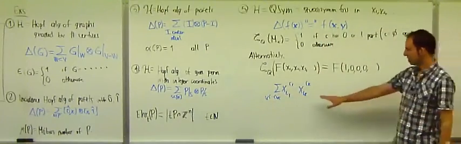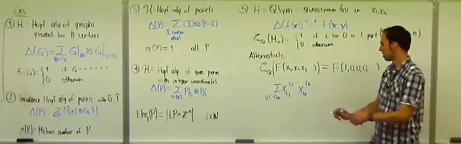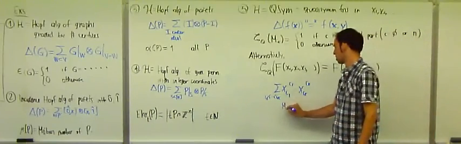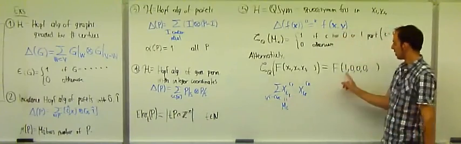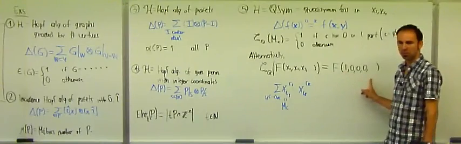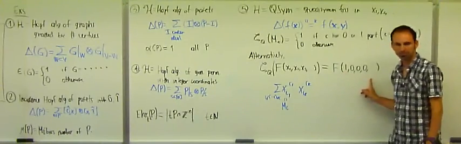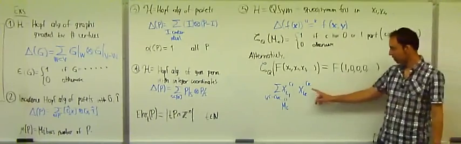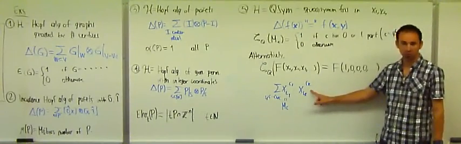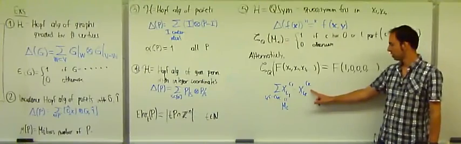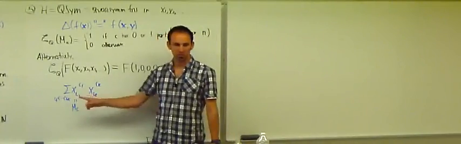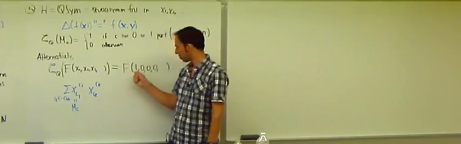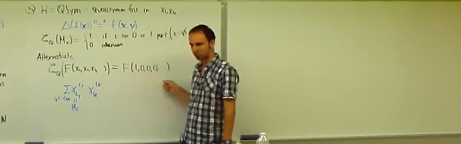So this is the monomial quasi-symmetric function M_C. Now what happens if I plug in 1, 0, 0, 0, 0? Well, if your composition has 2 or more parts, then when you plug in 1, 0, 0, 0, no matter what term you choose, one of them is going to be 0, because there's only one 1, and everything else you're setting to 0.